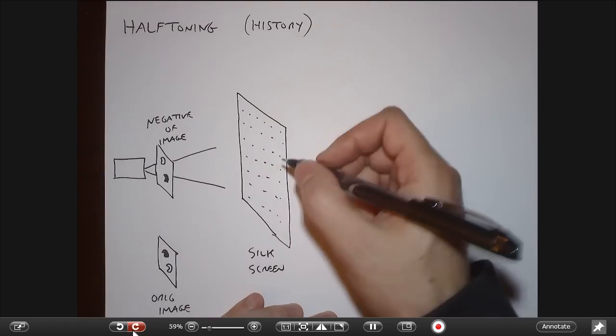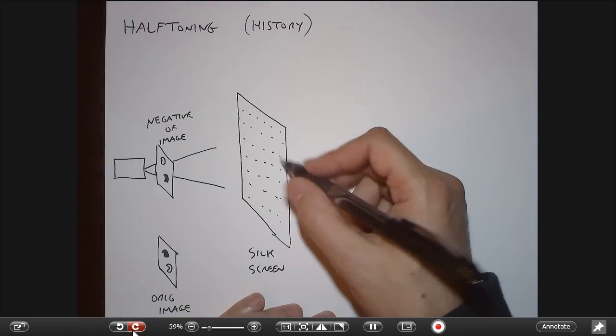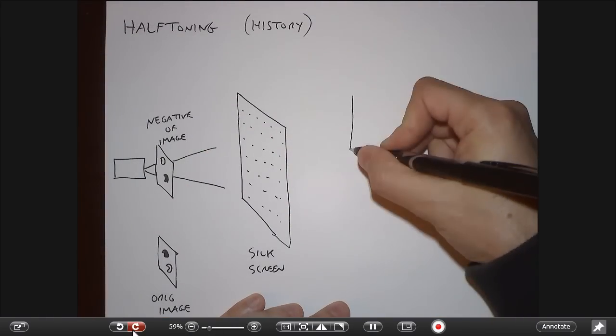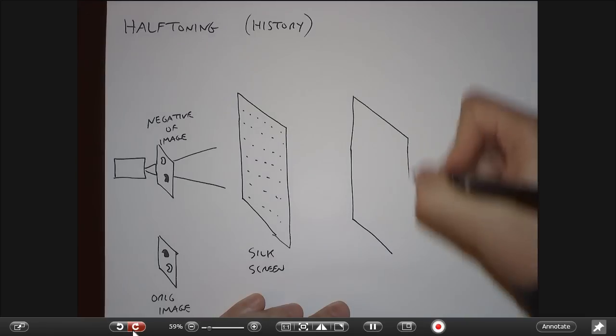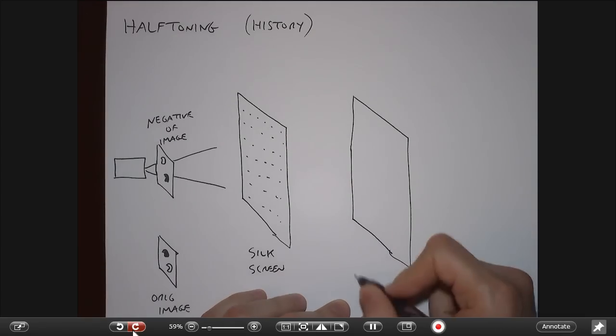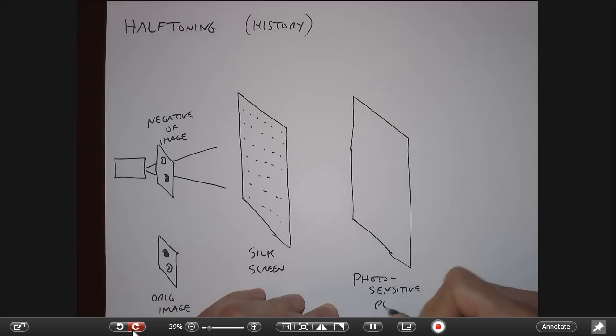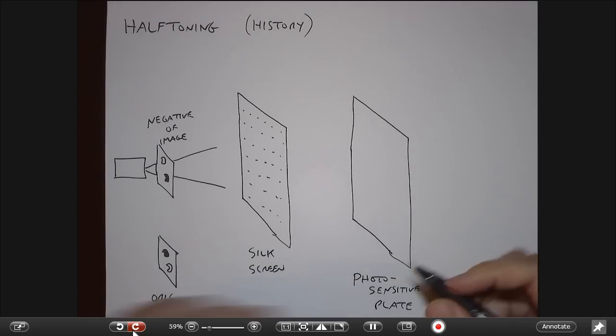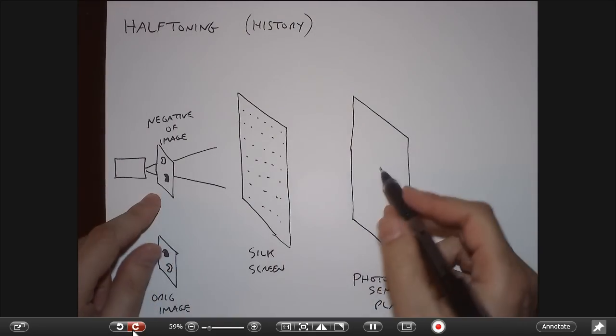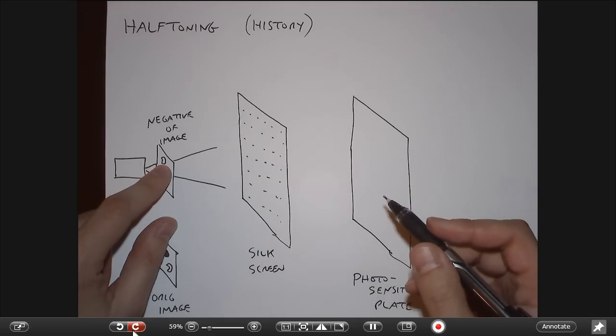And then I look at how the light passes through the dots, and I have a big plate of photosensitive material. So this is like a photosensitive plate. And the amount of light that will hit the plate depends on how bright the source is over here.